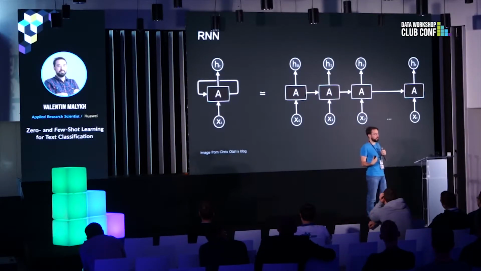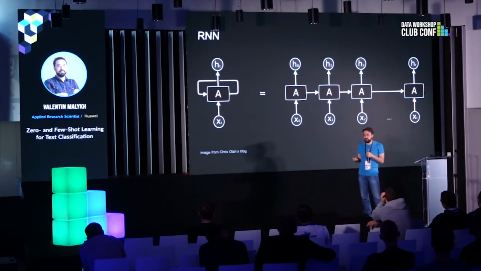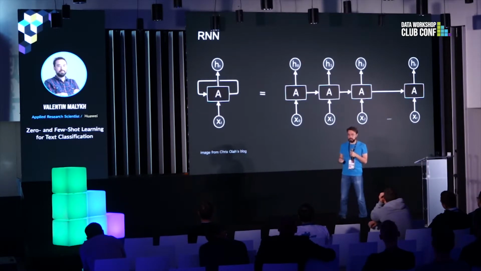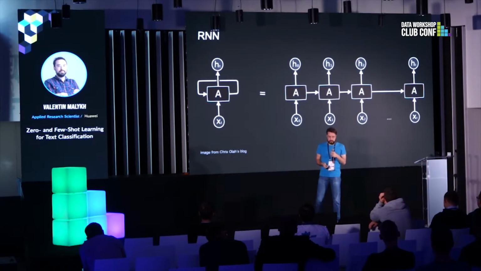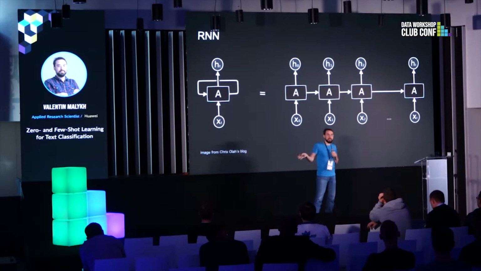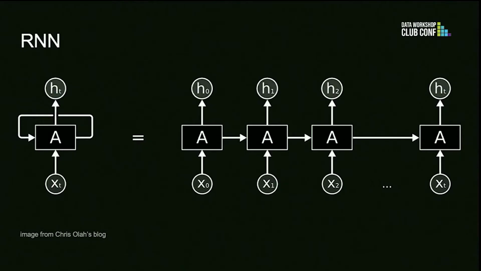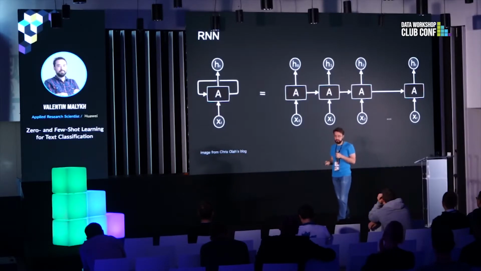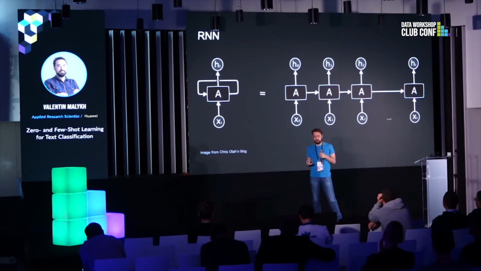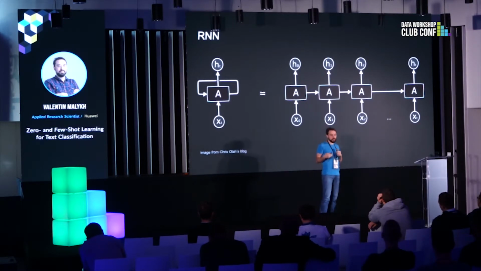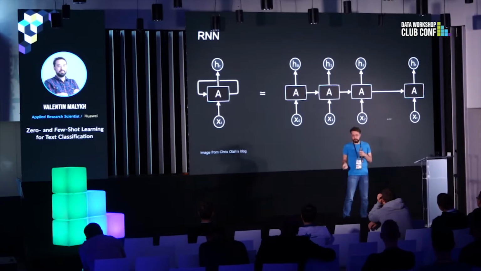And when we're feeding the next input, we already have some knowledge from the previous step. So this is RNN in a nutshell. On the left, there is a picture of RNN. On the right is just a representation of how the information flow is done. Okay, I hope that the idea of RNN is understandable now.